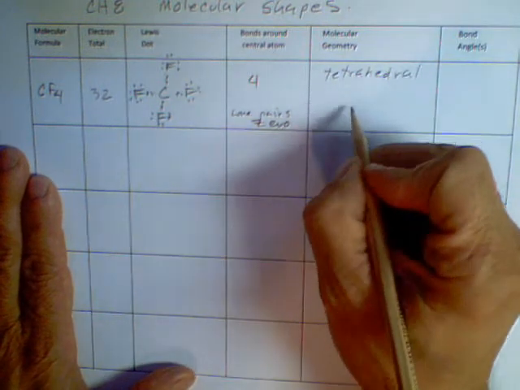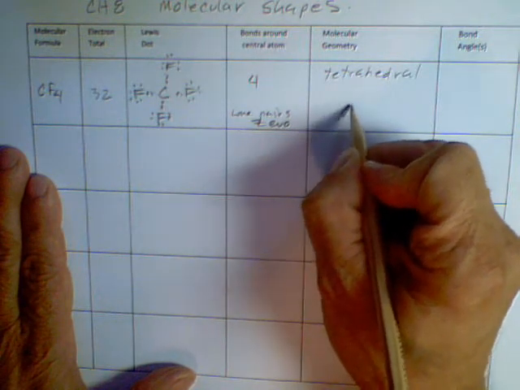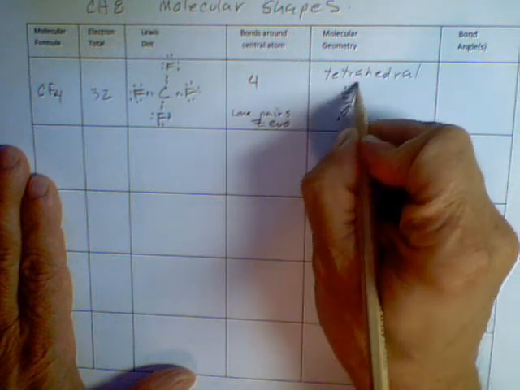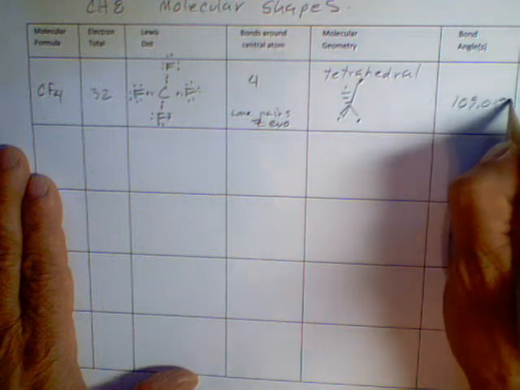Tetrahedral, if you recall, is a shape that looks something like this, and we have bond angles of 109.5.